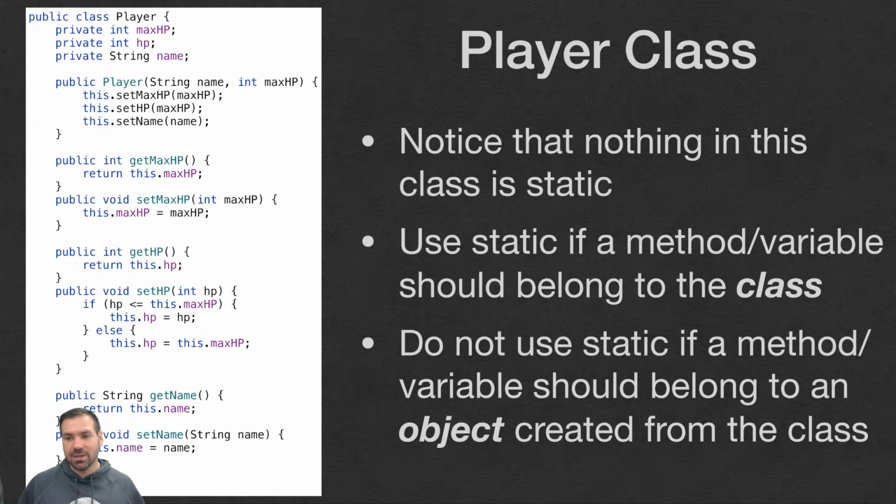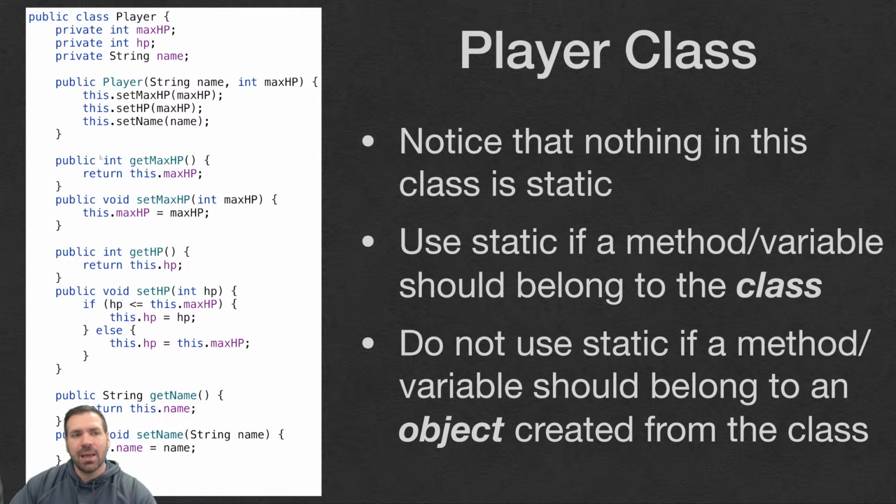But if I just say method, you should assume I mean non-static method. So all these methods belong to objects of type Player, and they're called through objects of type Player, not through the Player class itself. We're not really going to mess with the classes very much moving forward. We're going to use classes to create objects and then mess with those objects.